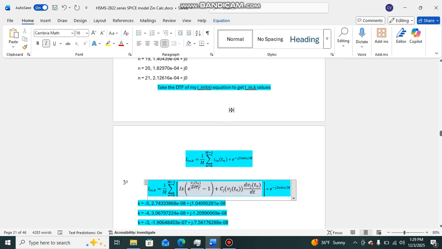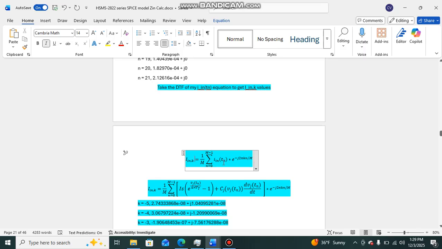So when you take the discrete Fourier transform of our values here, so equation to get Ik values, which are in the frequency domain. So 1 over m is 22, so we're going from 0 to 21.